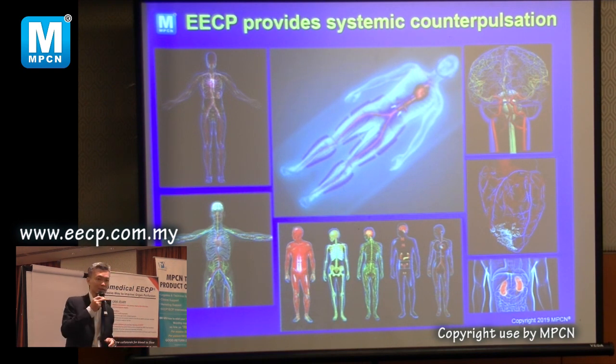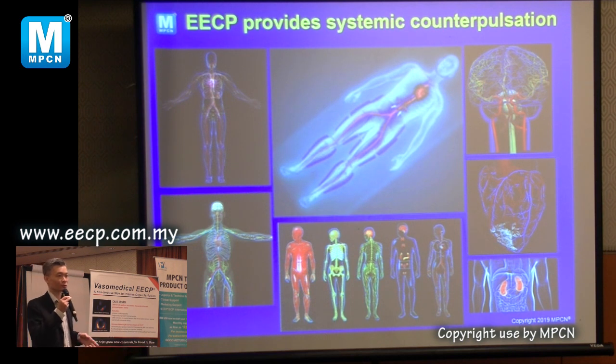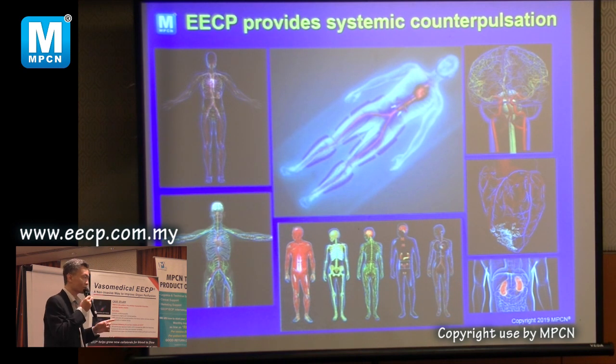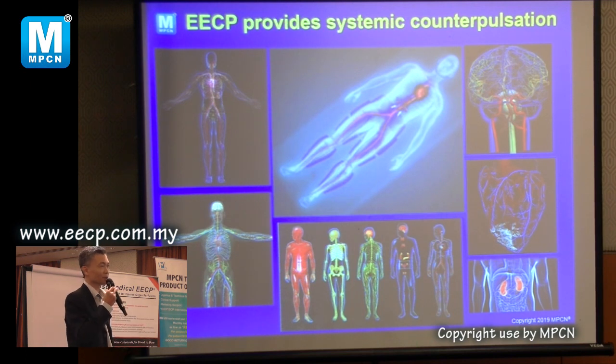If they have had a stroke before, this is contraindicated. Patients with stroke have two types: one is a bleeding stroke, another is a blockage stroke, called the ischemic stroke. When they have a stroke and say, "I don't want to do it," you can still proceed, but ask them what type of stroke they have. Sometimes patients don't know, so they bring the report, especially the CT scan. You must look at the CT scan.